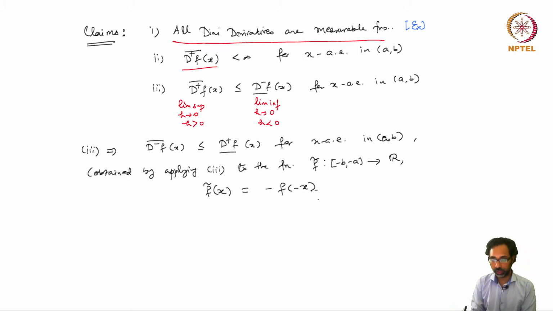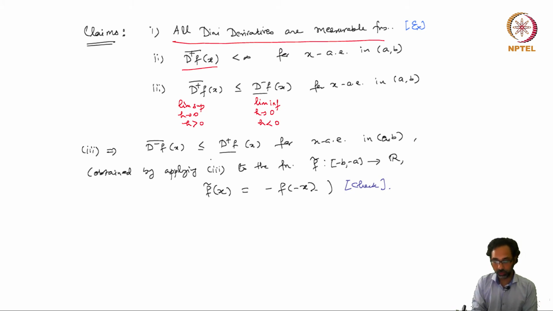So check that 3 implies that the lim sup for the negative Dini derivative is less than or equal to the lim inf for the positive side of the Dini derivative for almost every x in (a,b).